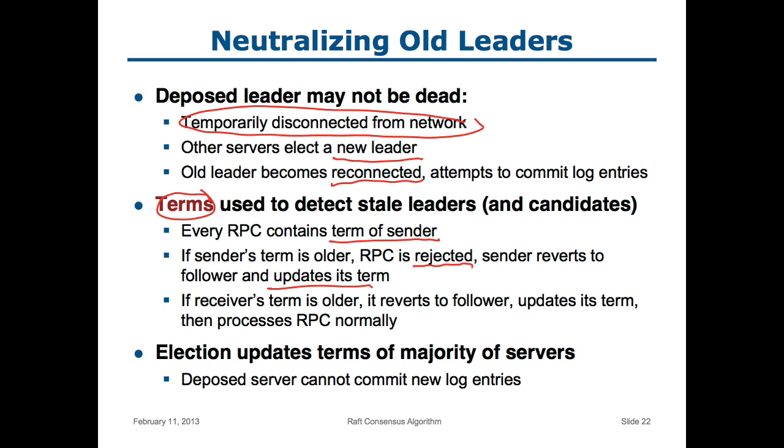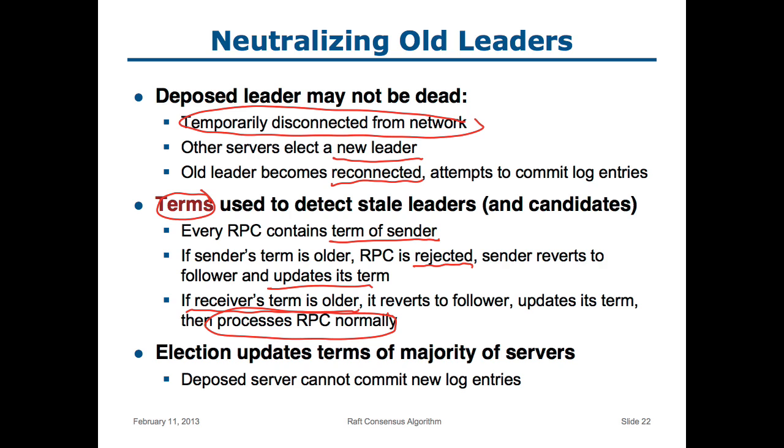Conversely, if the receiver's term is older, then the receiver also steps down if it wasn't already a follower. It updates its term to match, but then the receiver will go ahead and still handle the RPC. It doesn't reject the RPC. There's no need for that. It just becomes a follower and does what the RPC says. Now, the interesting thing here is that the election process causes term updates.